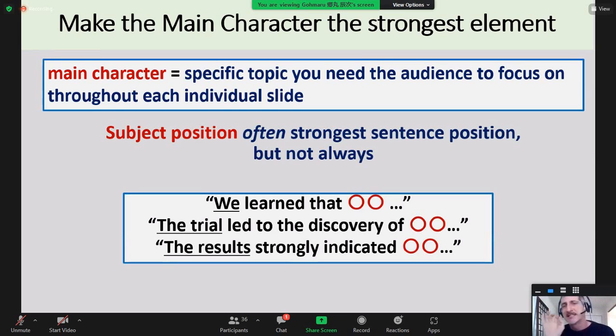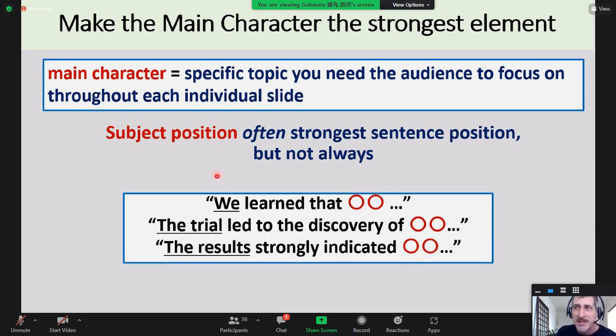We learned that the trial led to the discovery of the results indicated. These kinds of verbs obviously create interest in the audience, and so the mokuteki-go, the object of these verbs, the direct object of these verbs, is the position that is strongest in this kind of sentence.